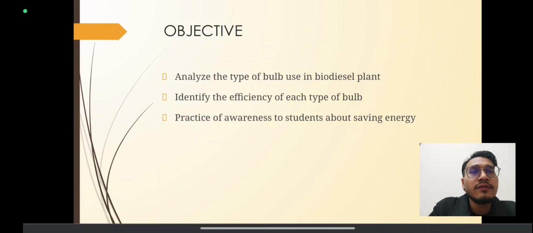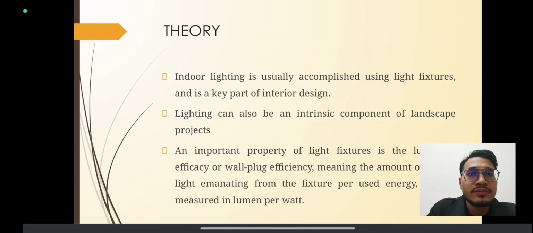For the objectives of this lab, the first one is to analyze the type of bulbs used in the biodiesel plant, identify the efficiency of each bulb, and the last objective is to practice awareness among students about saving energy. In terms of theory, indoor lighting is usually accomplished using light fixtures and is a key part of interior design.